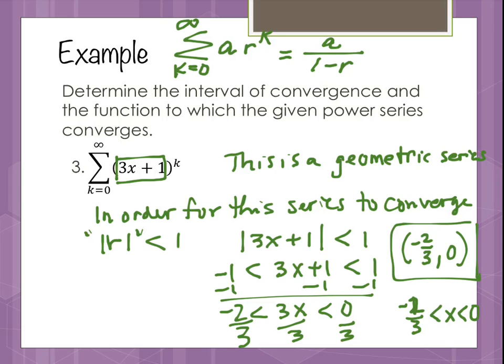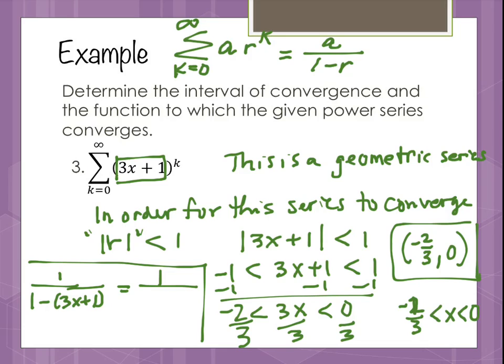Now, I can answer the other question, which was what does it converge to? It's supposed to converge to a over 1 minus r, right? So my a value we already said was 1. My r value is 3x plus 1. So if I simplify this, what do I get? 1 over 3x.